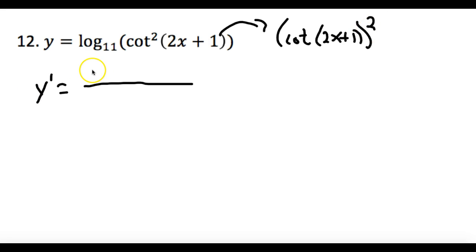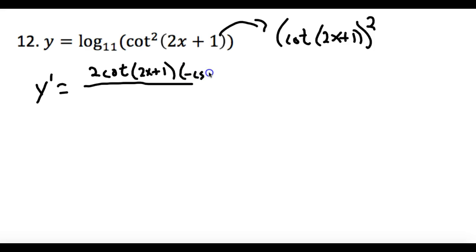So when I'm taking that derivative, my derivative will be 2 times the cotangent of 2x plus 1 to the first power now, right? So I don't have to write the first power. Now my next layer is cotangent. So now times the derivative of cotangent, which is negative cosecant squared.